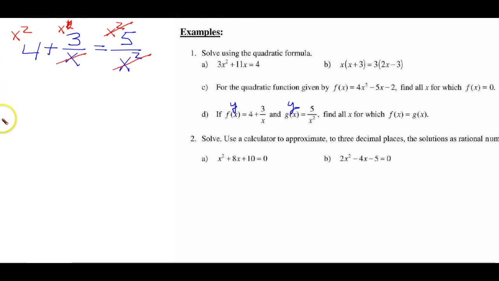And here nothing cancels out. So we rewrite this. 4x squared plus 3x. Now here this is going to equal 5, but I'm going to transpose it already to put it in standard form. I'm transposing this positive 5 from this side over to this side.